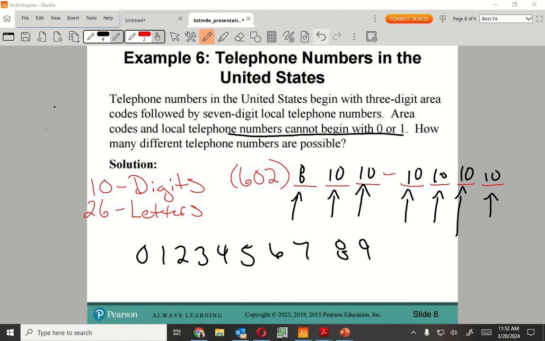From our notes that we did on Monday, out of all of our possibilities, what do I do with all my choices there? I multiply them together. In this case, I'm not including the area code. I'm only referring to the 7 digits. So multiply those numbers together, and it's going to give me all possible numbers. That's 8 times 10 times 10 times 10 times 10 times 10 times 10.